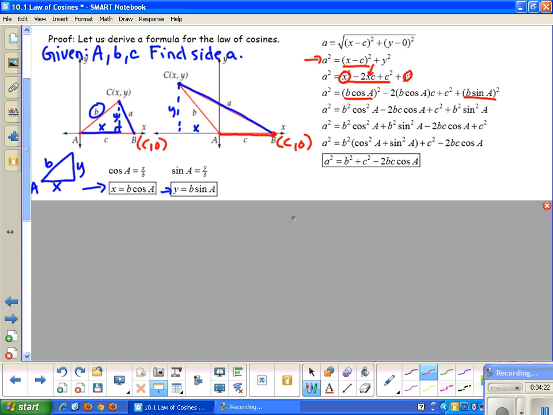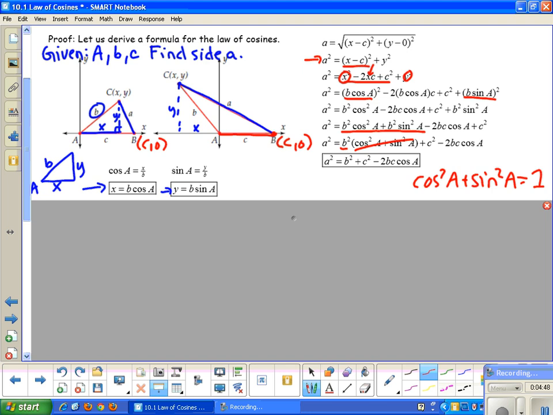I put these two together because I noticed that I could factor out that b squared right here to get cosine squared A plus sine squared A. And remember, cosine squared A plus sine squared A is a Pythagorean identity, which equals 1. So this right here is really gone, and you're left with b squared plus c squared minus 2bc cosine A.